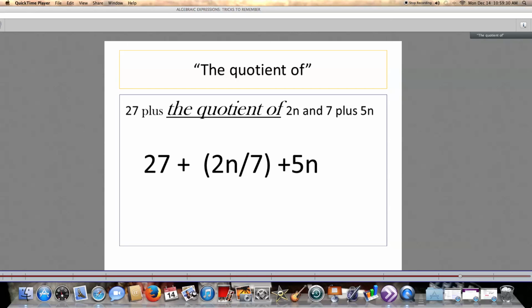I wrote my 27 plus the quotient of, parentheses right there, 2n and 7. Well, 2n over 7 means divide. You could also write the division sign there. Close my parentheses because that's all that's a quotient, plus 5n. Finish your sentence like it is.